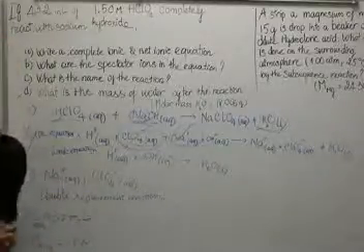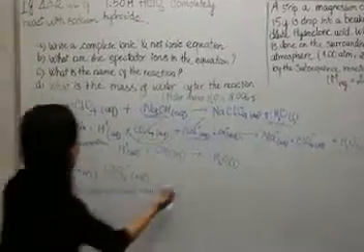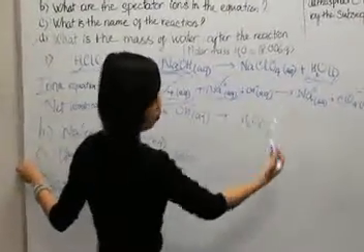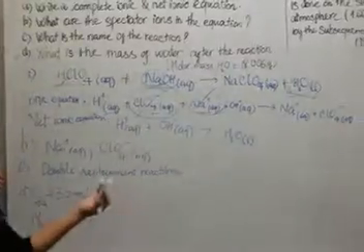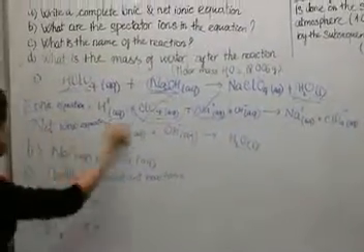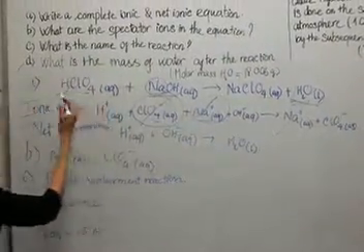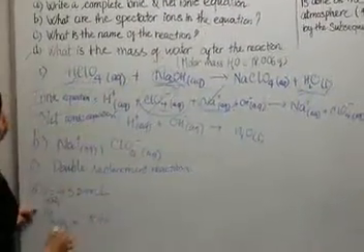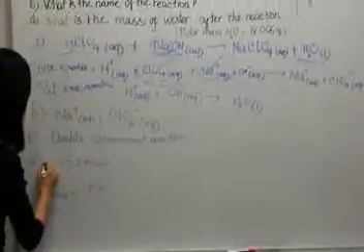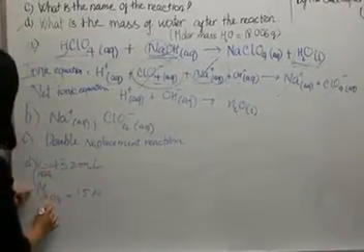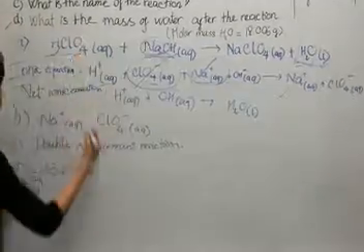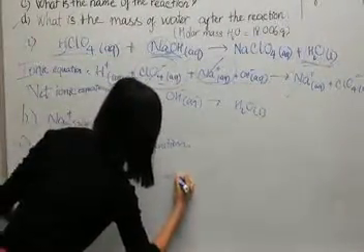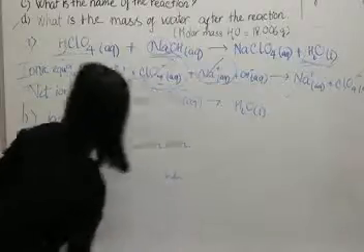To find the mass of the water, I need to find the moles of the water. How can I find the moles of the water in the reaction when I already have the information for my acid here? Based on the volume and the molarity of the acid, I can find the moles by using molarity equals moles divided by volume.